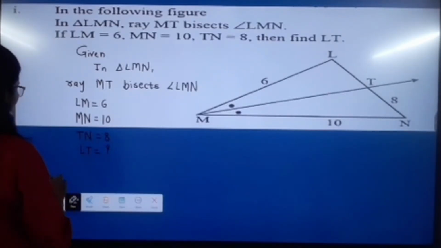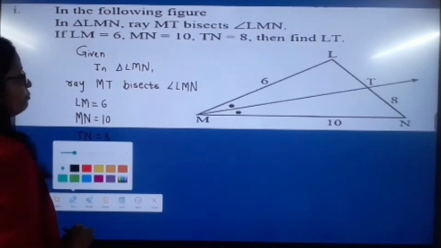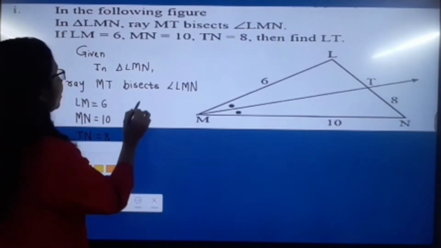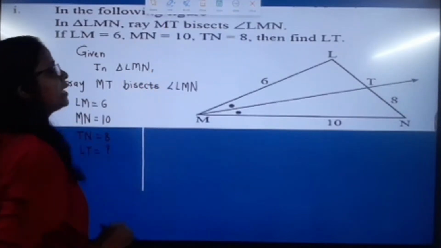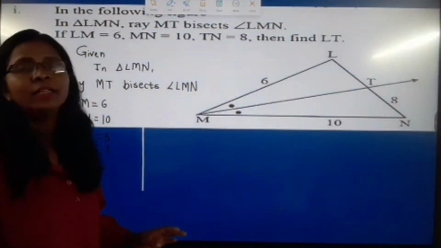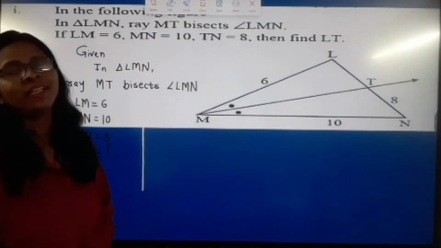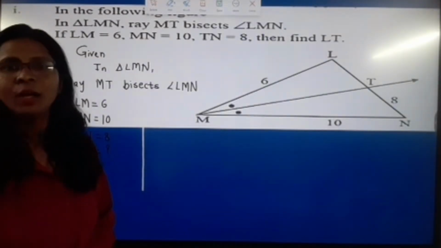Okay, students. So now, students, first we write down which formula is applicable here for this example. See here, the angle bisector formula is applicable here, students.